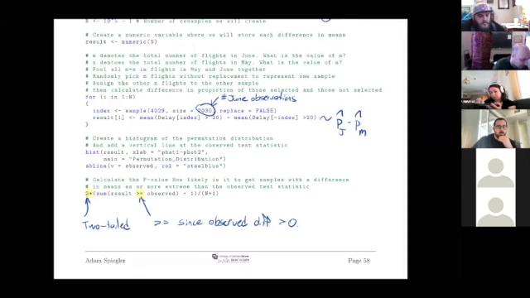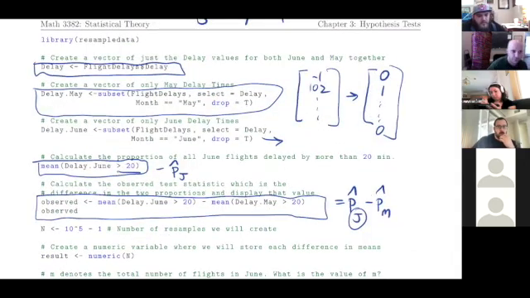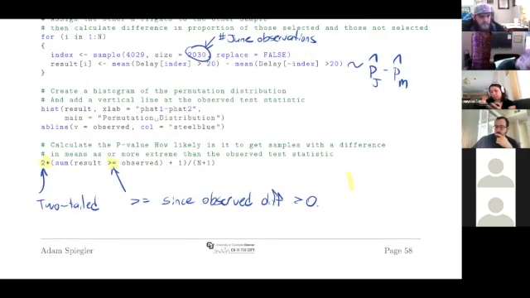Okay. So I won't run through the code right now. But if you did run it, when I've done it in the past, the p-value here is approximately 0.01694.